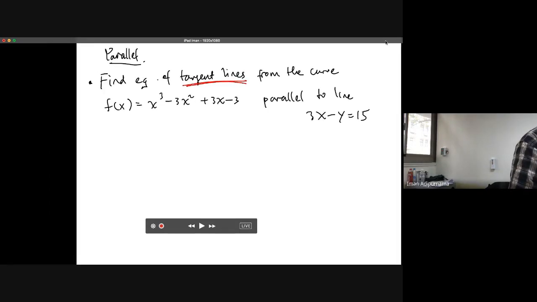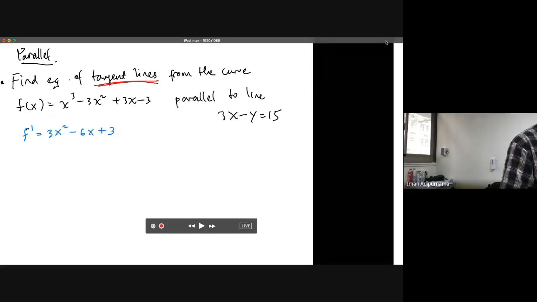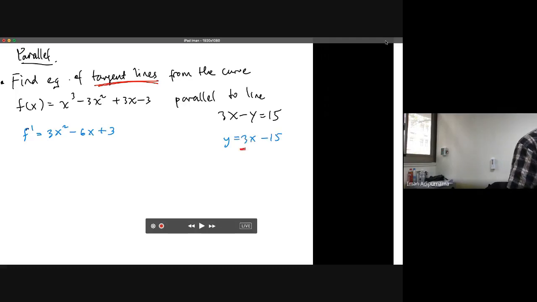So let's find the first derivative. I got this, and it's parallel to the line, so let's rewrite this as y equal 3x minus 15. You see here it has a gradient of 3.